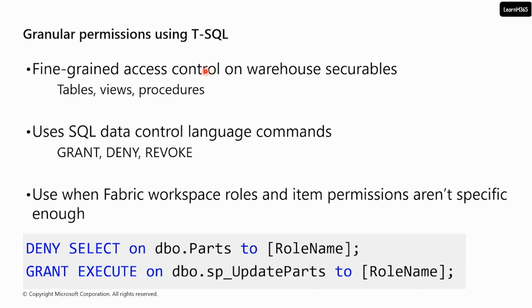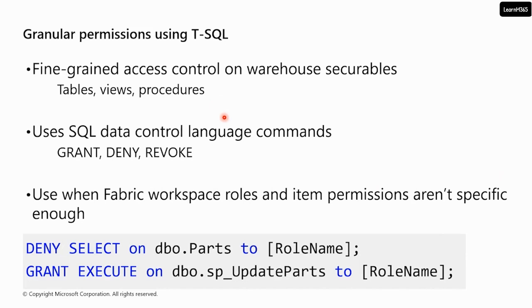Like we can have schema level permissions. Schema level permissions assign permissions at the schema level, which covers multiple objects like tables, views, and procedures. Then we can have table or column level permissions, which can be granted not just at the table level, but also at the column level.